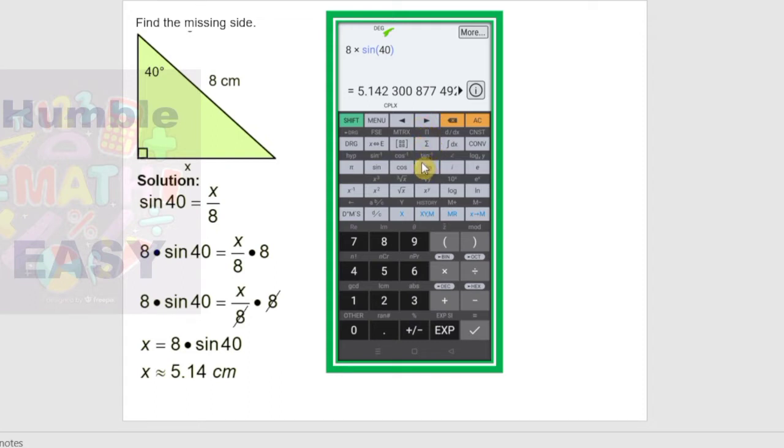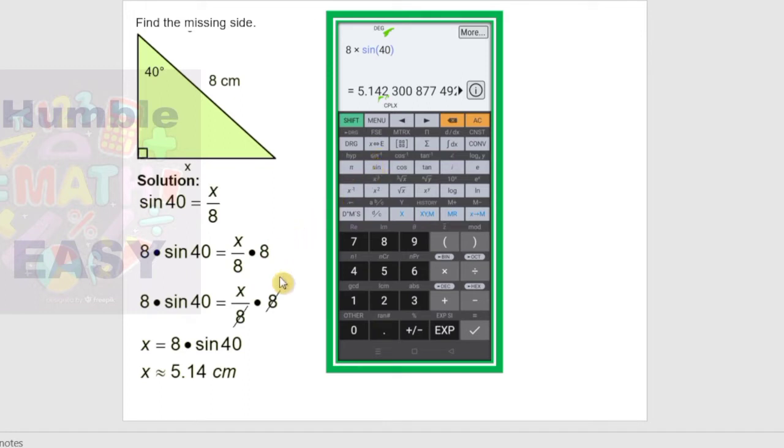Okay? Now, 8 sine 40 is equivalent to 5.14230087749 and so on. As the procedure mentioned a while ago, we're going to round off to two decimal places. So we have 4, and after 4 is 2, so we're going to keep it as 4 and the value is 5.14.